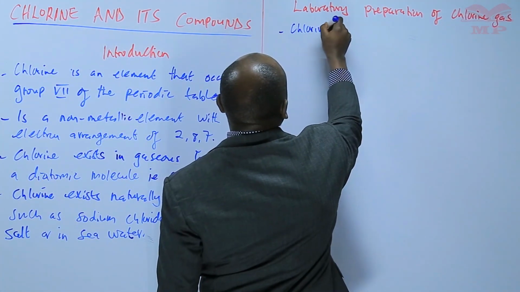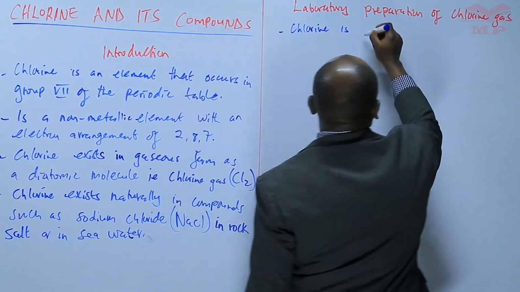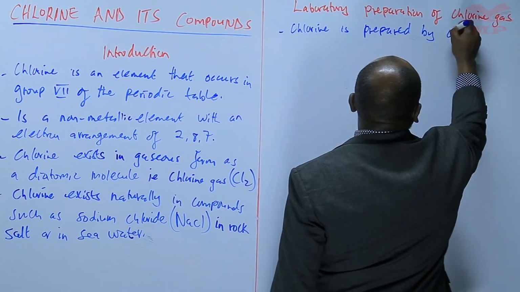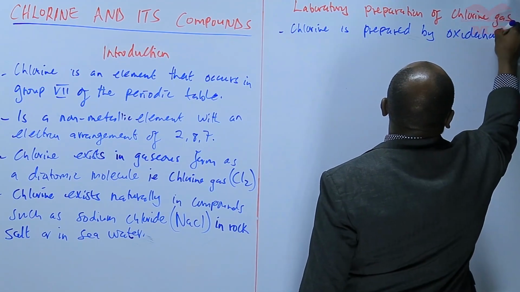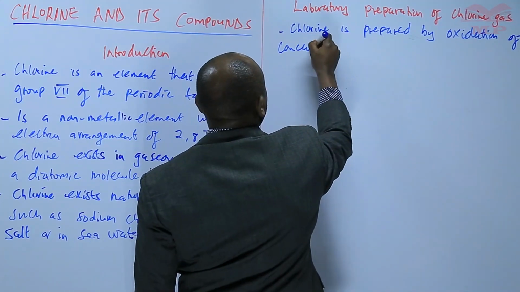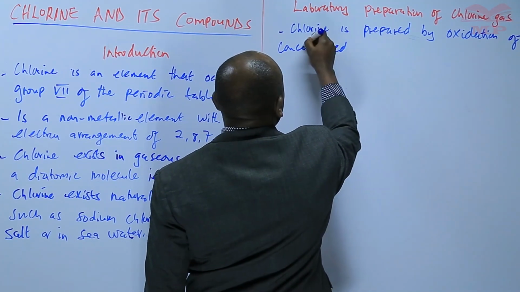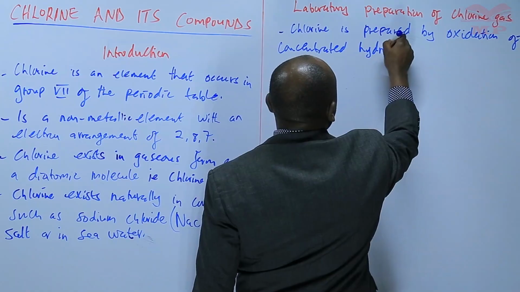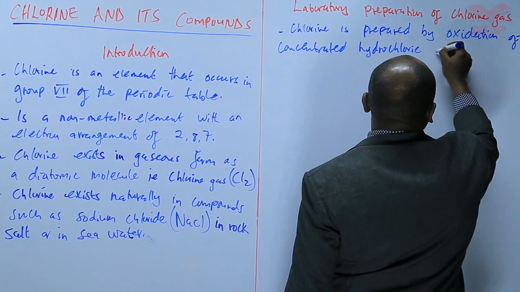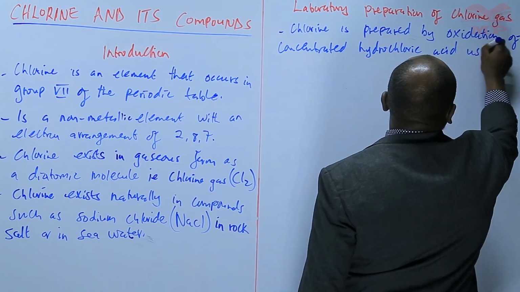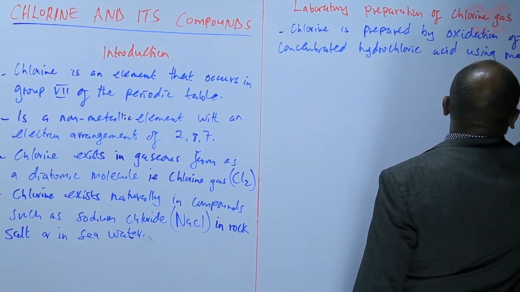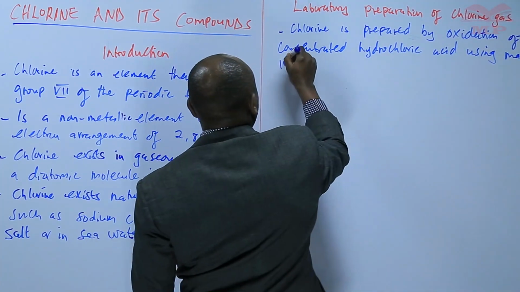Chlorine is prepared by oxidation of conc or concentrated hydrochloric acid using manganese 4 oxide.